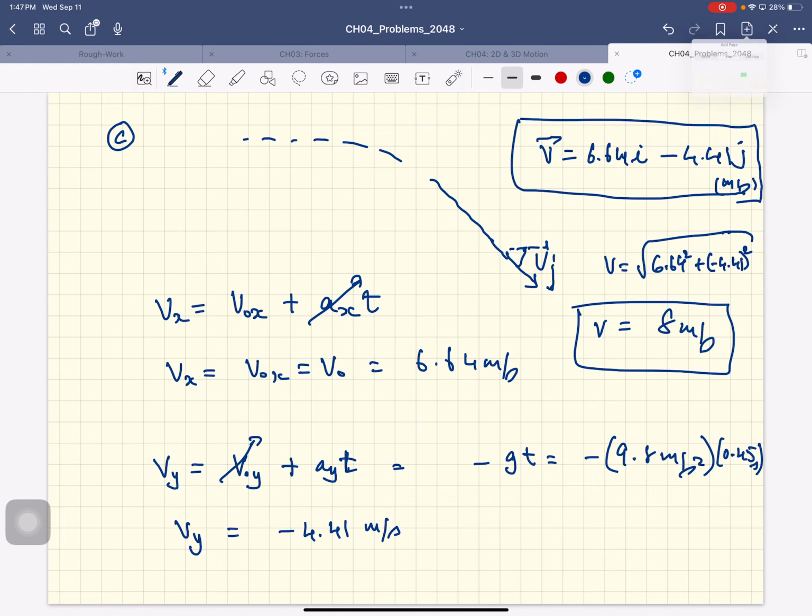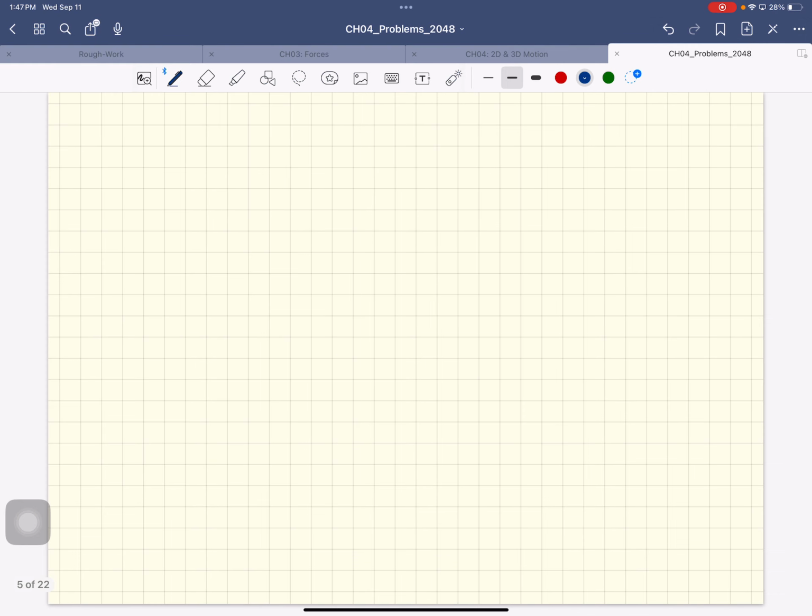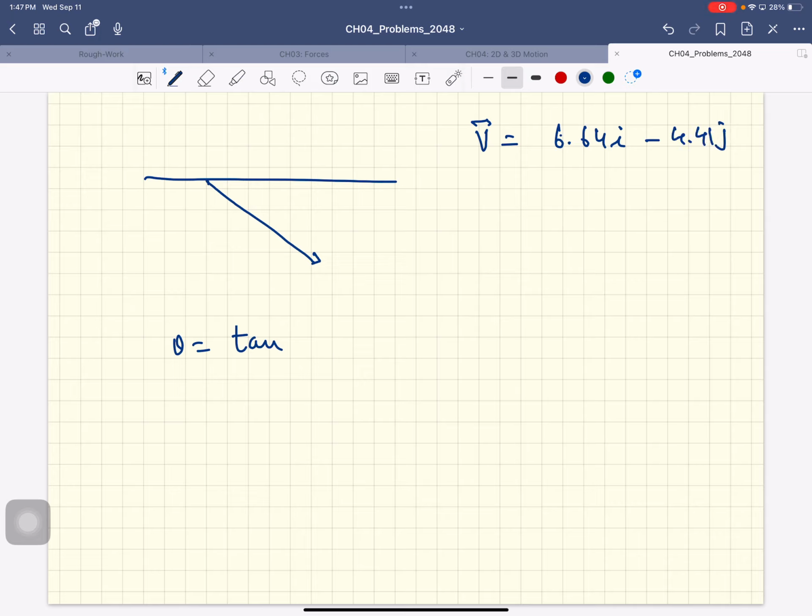Theta is tan inverse, so V was 6.64 i. Okay, so the vector is in the fourth quadrant, okay? And if you measure the angle clockwise with respect to the x-axis, that's a negative angle.